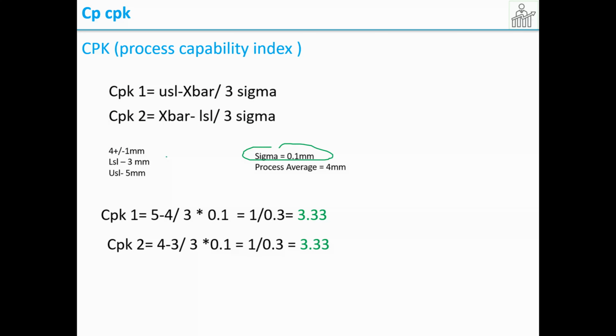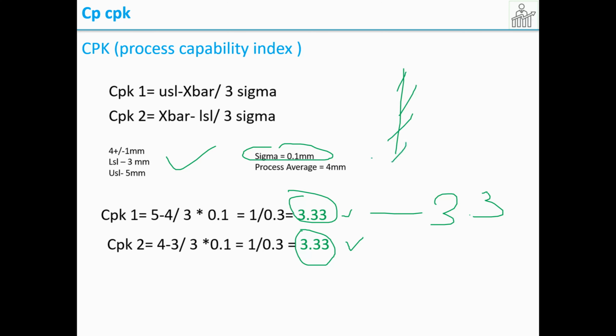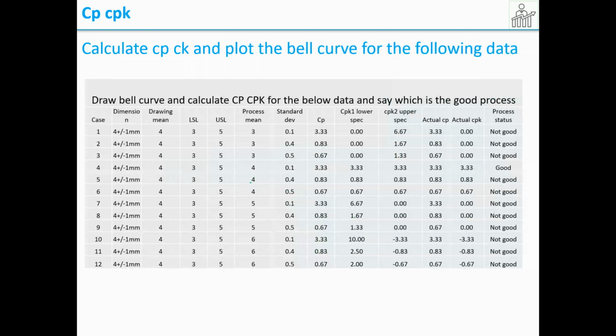Sigma is 0.1 and the same example. CPK1 is 3.33. CPK2 is 3.33. In this, we need to consider the minimum. In this case, it is 3.33. That means if CPK and CP are the same, the process mean is overlapping on the drawing mean, and it is a very good process.